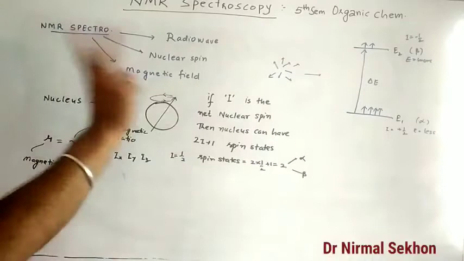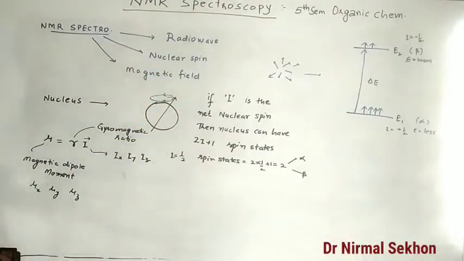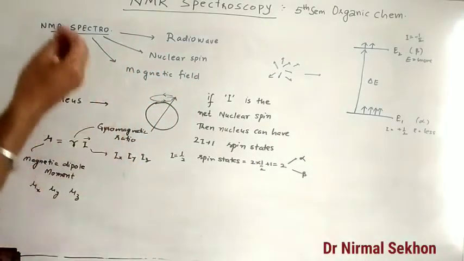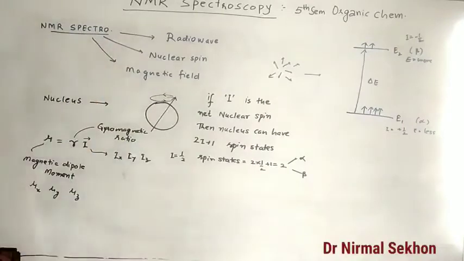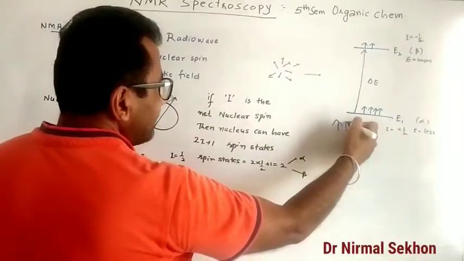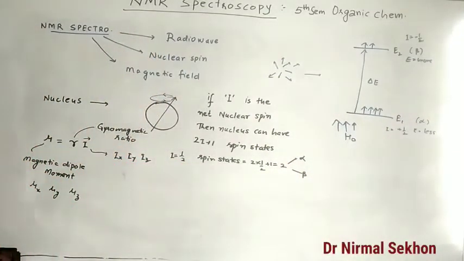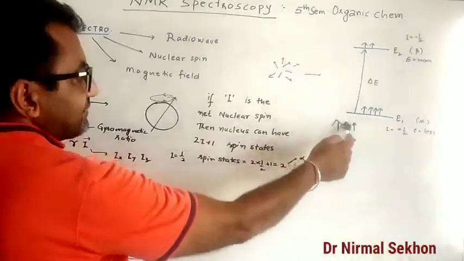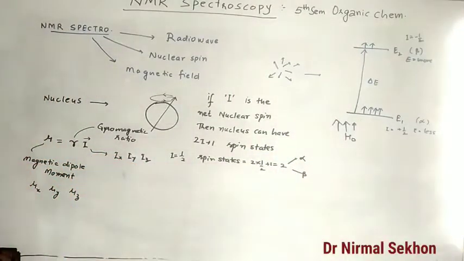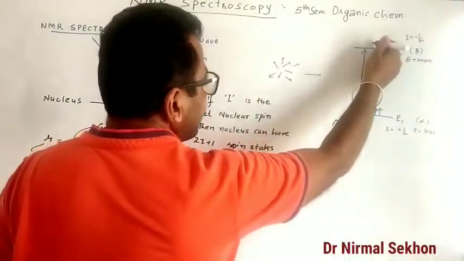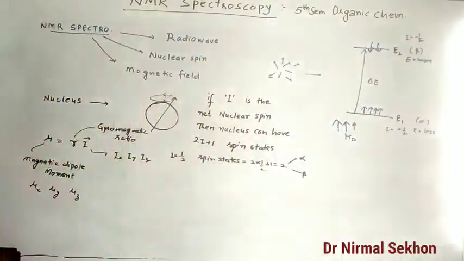So the spin is either aligned along the direction of the external magnetic field, or opposite. Alpha is in the same alignment as the external magnetic field, and beta is in the opposite direction to the external magnetic field.